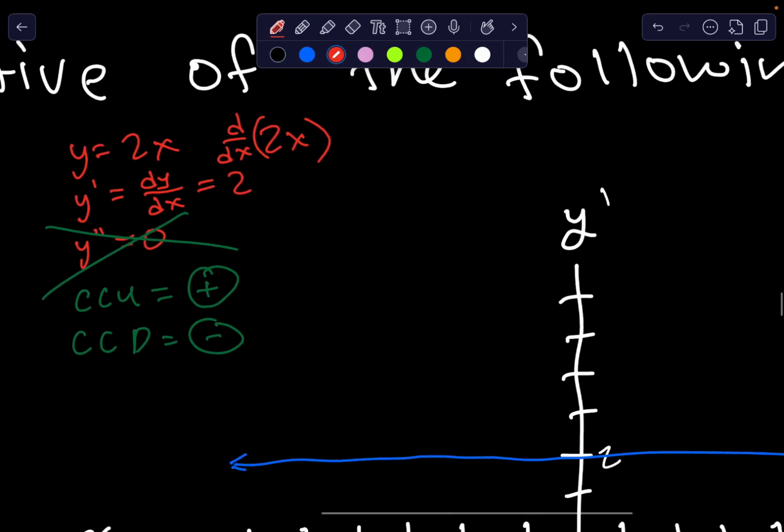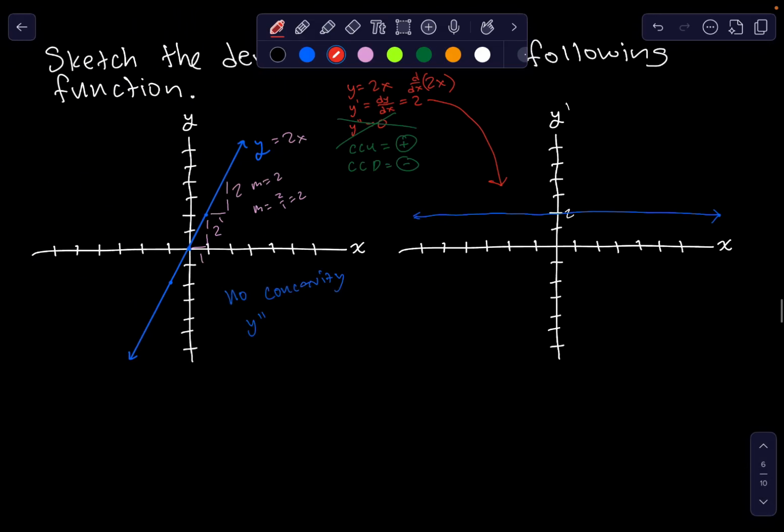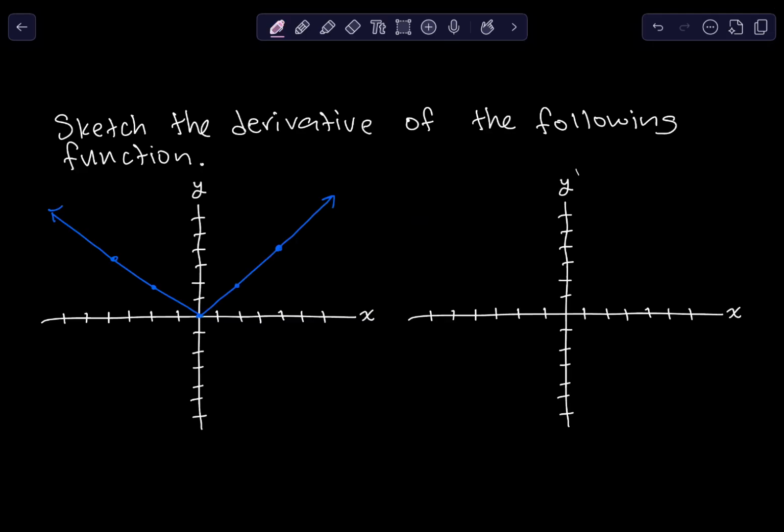So as we see, y prime equals 2, we see it on our graph right here. This is an important thing to understand. A linear function, which has a constant rate of change, is going to yield a straight line of y prime equals just a constant.